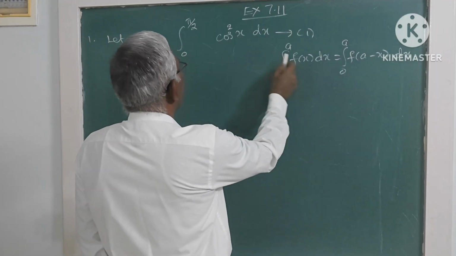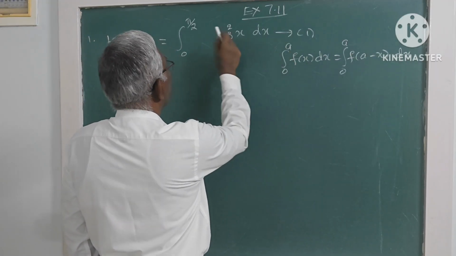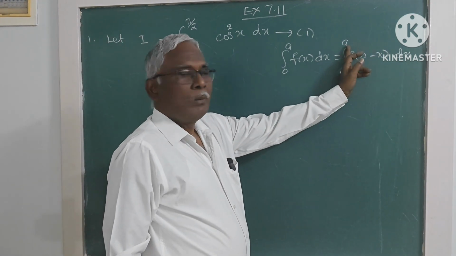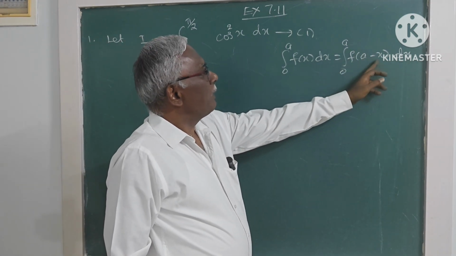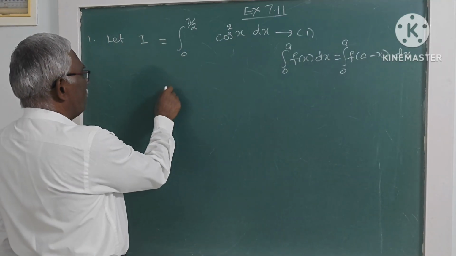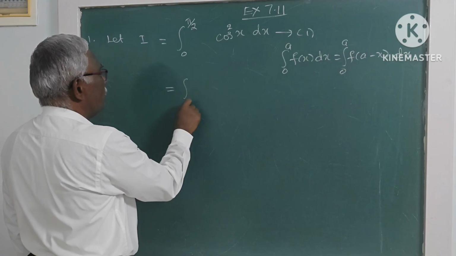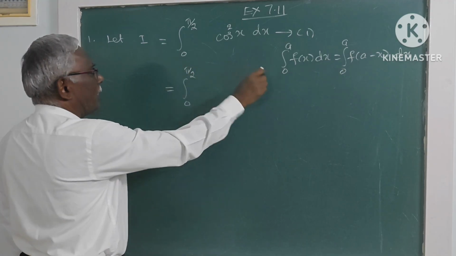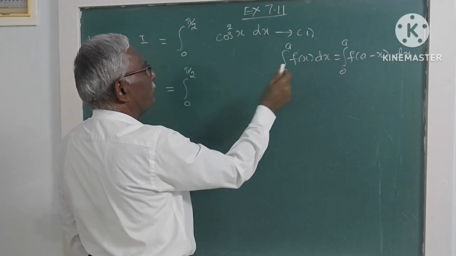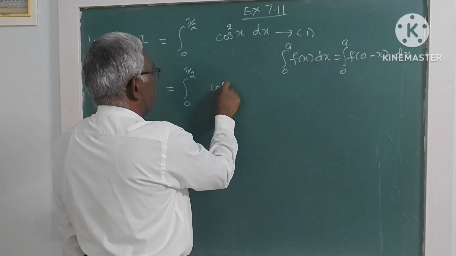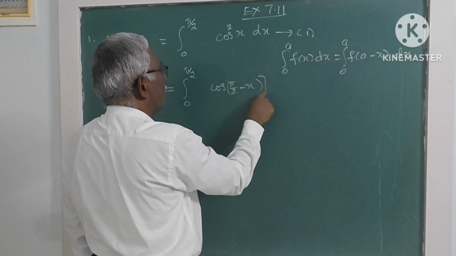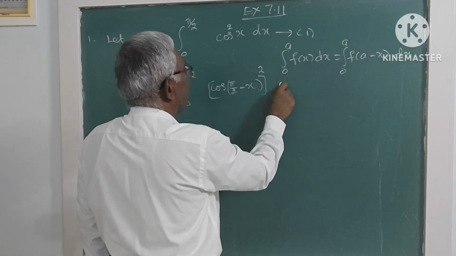Now here f of x is cos square x, a is nothing but pi by 2. We have to write integral 0 to pi by 2, f of pi by 2 minus x. f of x is cos square x, so this is equal to integral 0 to pi by 2, f of a minus x is cos of pi by 2 minus x whole square dx.